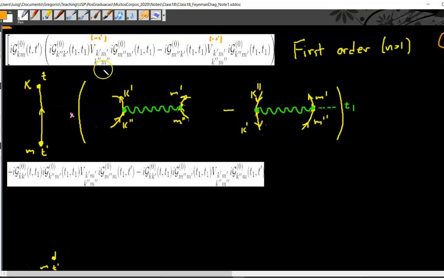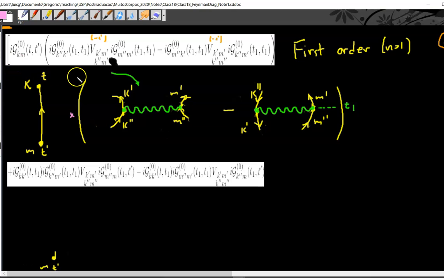So let's first represent this guy. So this would be a term that you have something like that, right? So you destroy m prime, so these are entering the diagram, right? Yeah, this color is not too good. Let's put another one here. Let's put, I don't know, this one. Oh, sorry.